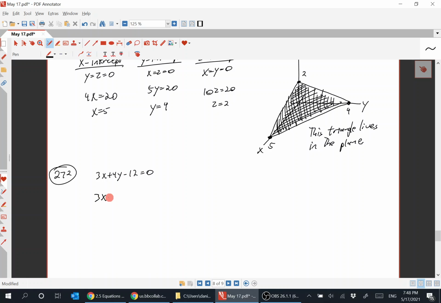So this is 3x plus 4y equals 12. The normal vector in this case is 3, 4, and the coefficient of z is 0.